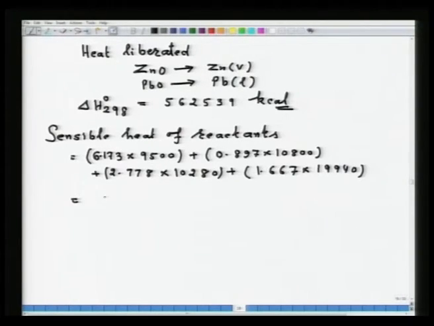Taking it out, that will be 200,687, that is the sensible heat of reactants, in kilocalorie.